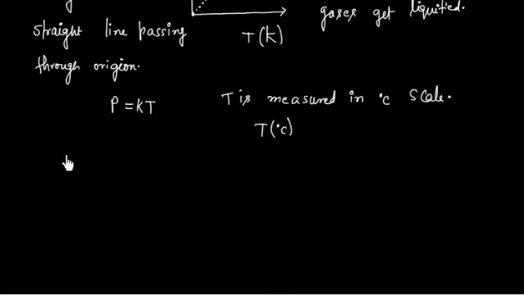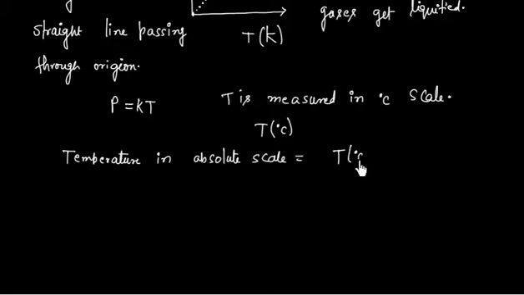So we will have temperature in the absolute scale, and this is equal to temperature in degrees centigrade plus 273.